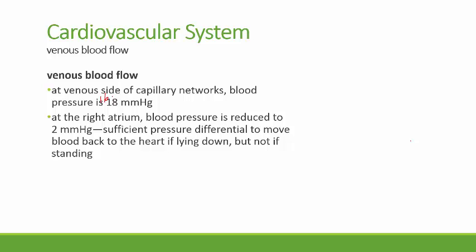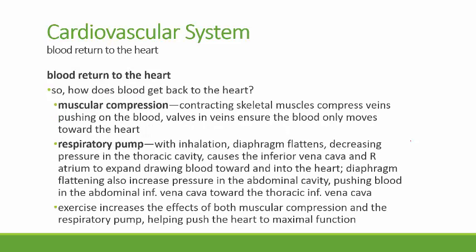Now, if you're lying down, that's a sufficient pressure differential, 16 to 18 back to 2 millimeters mercury. But if you're standing up, that's not enough blood pressure to get blood back to the heart. So how do we do it? Well, we got two ways.